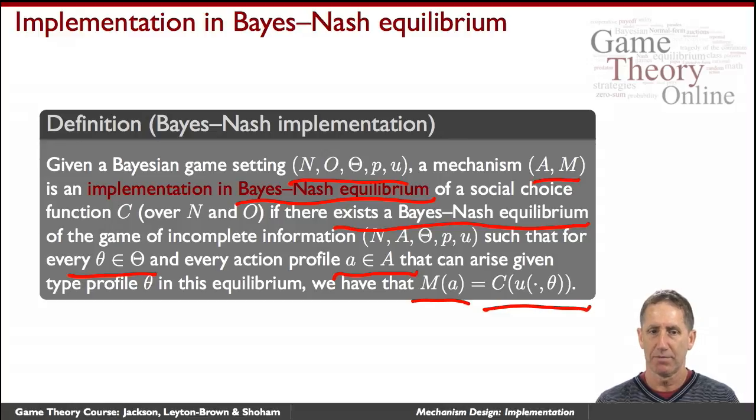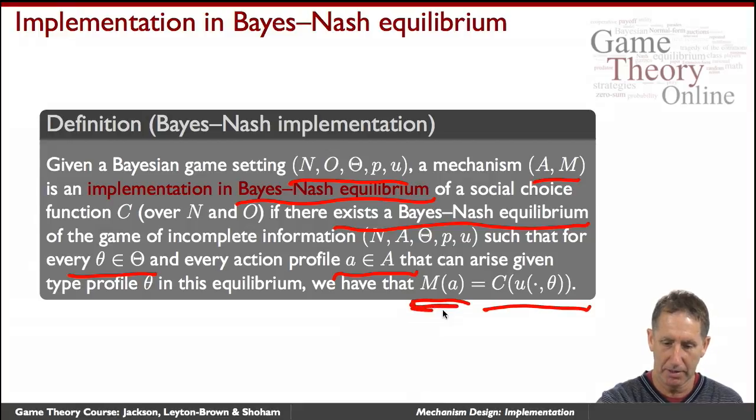Here we have probability distributions, and so there can be multiple actions that instantiate these action profiles, these strategies. And what we want to be the case is that every action profile would lead, by definition, to some outcome according to this mapping.